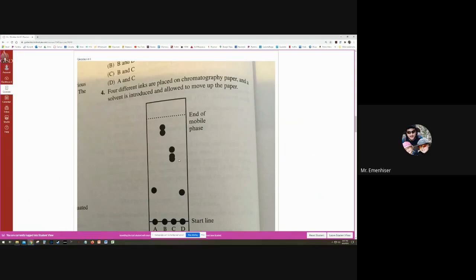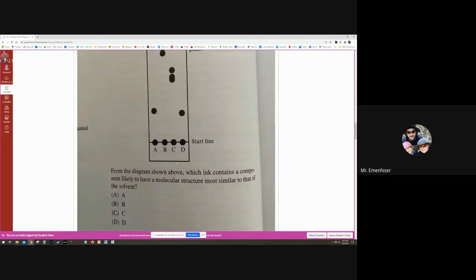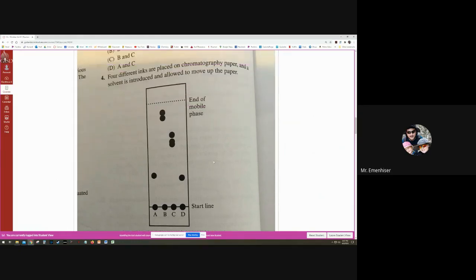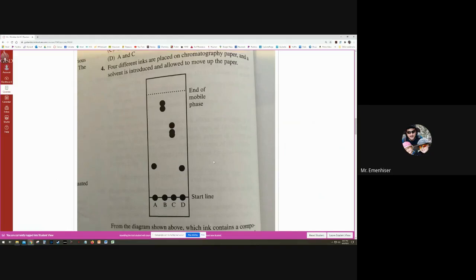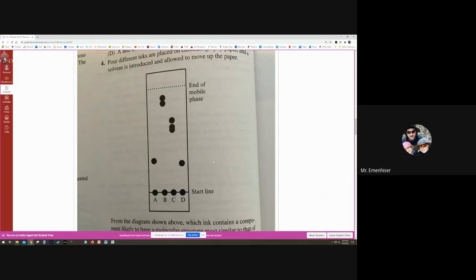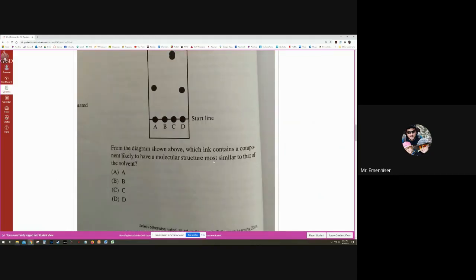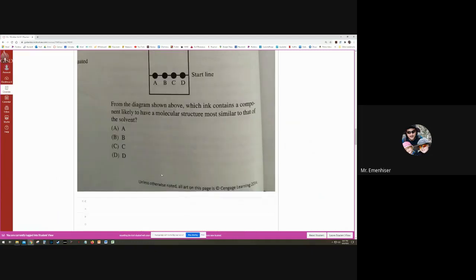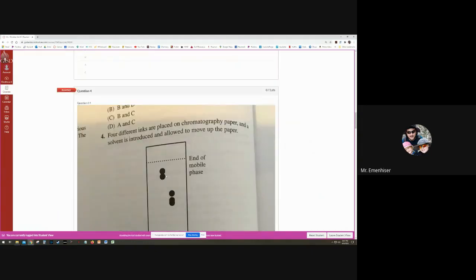All right, 4 different inks are placed on chromatography paper, and a solvent is introduced and allowed to move up the paper. From the diagram shown above, which ink contains a component likely to have a molecular structure most similar to that of the solvent? Let's see.